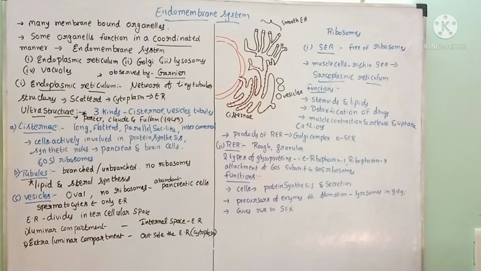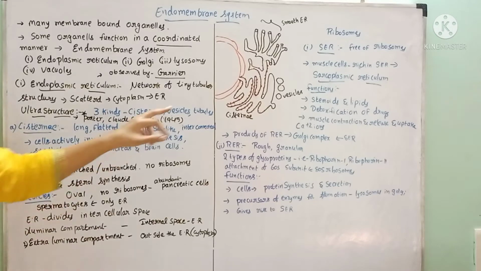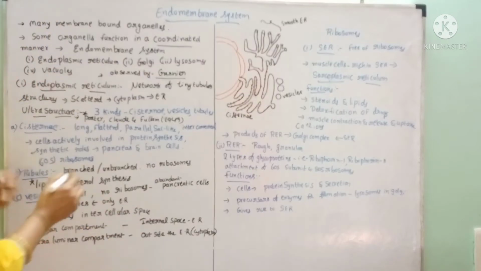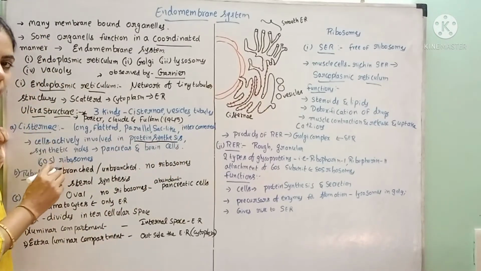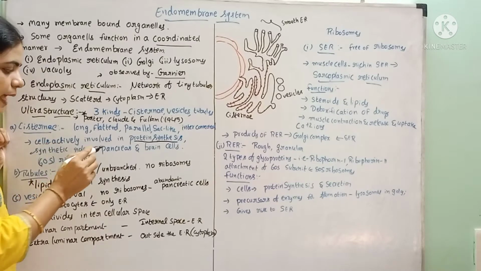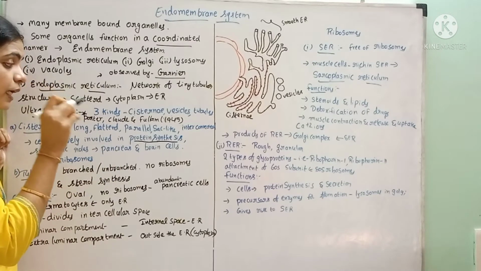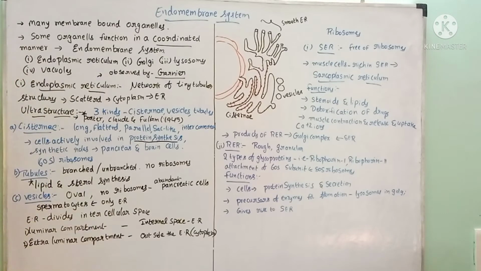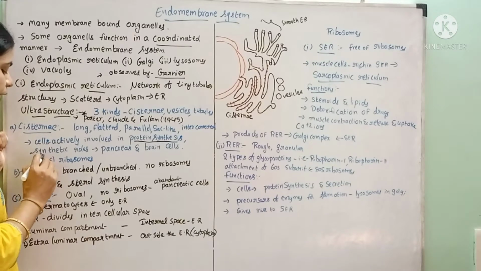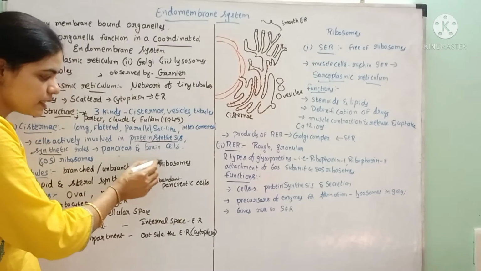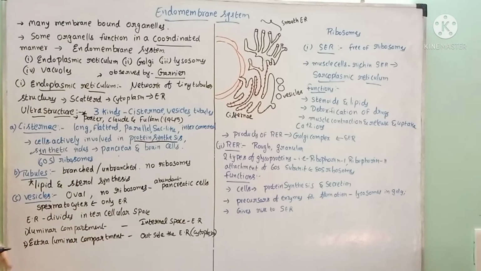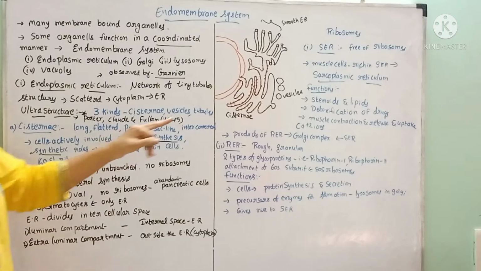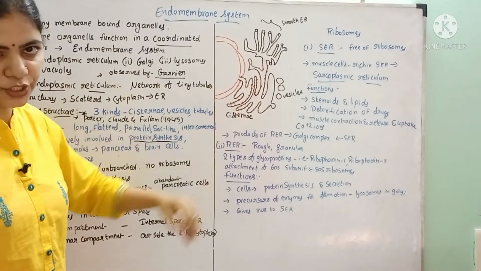They are mainly present in cells which are actively involved in protein synthesis, and also in some cells which have synthetic roles, such as pancreas and brain cells. In the cisternae, the 60S subunit of the ribosomes is attached.